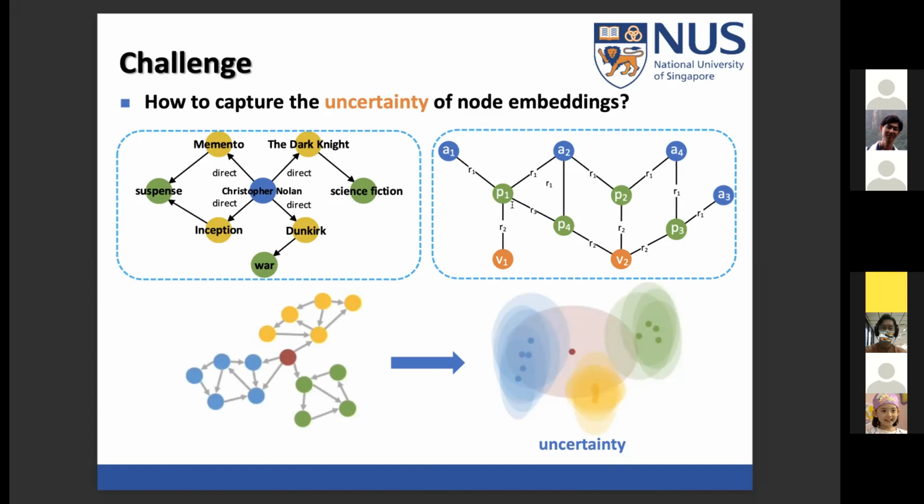We select 4 well-known movies from his work, namely Memento, The Dark Knight, Inception, and Dunkirk. Among them, Memento and Inception are suspense films. The Dark Knight is a science fiction film, and Dunkirk is a war film. When we want to embed the node of director Nolan, how should we weigh the influence of various movies on this node embedding?